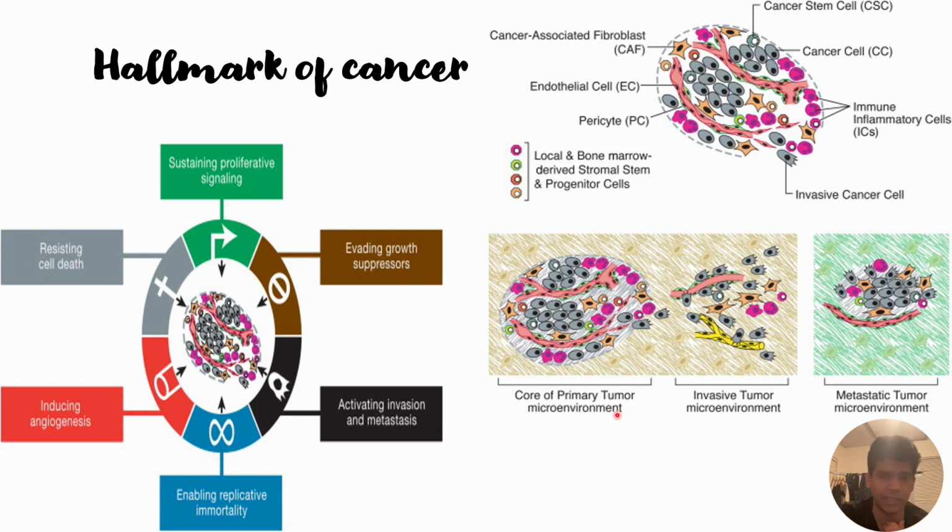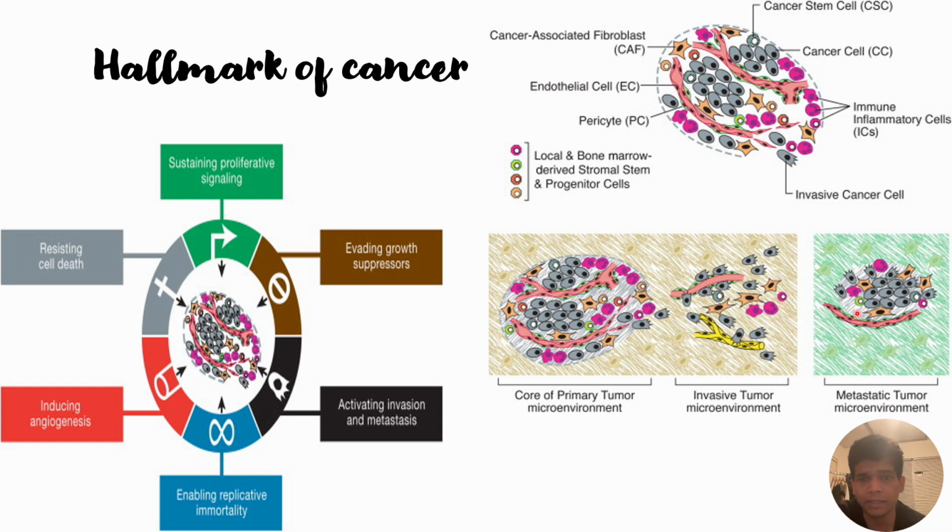Next one is invasive cancer cells, and these are the cancer cells that generate this kind of tumor microenvironment that we can see here. And here is the tumor microenvironment when the cells start to metastasize. The cells are initially formed and they form a tumor microenvironment, and on the right hand side we can see that cells are metastasizing and they are simultaneously trying to change the microenvironment around them.